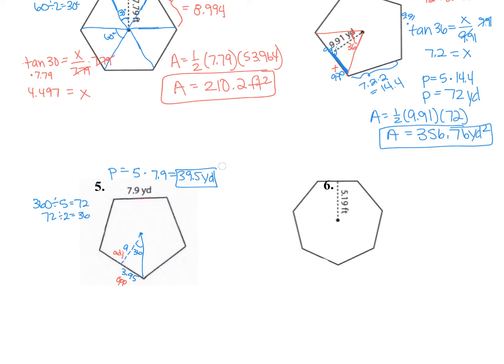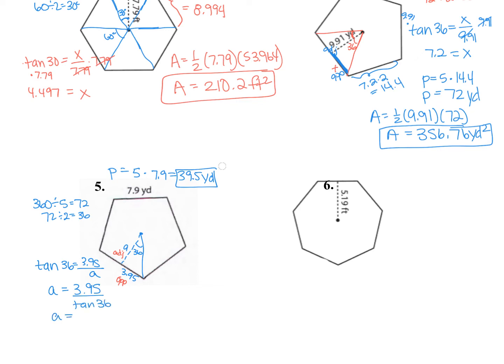So now this is a tangent problem. Tangent of 36 is opposite 3.95 divided by my apothem. Let's multiply my variable over, divide the tangent 36 over, and I get 3.95 divided by tangent 36.